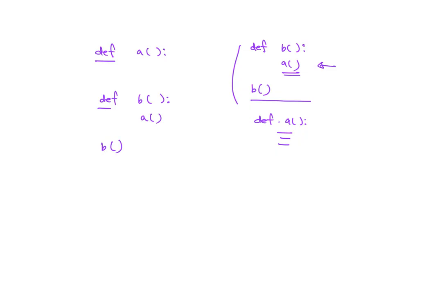Now, even with this structure, if I call function B down here, then there is no problem, because when I call this function B, that is given after the definition of function A. Right?